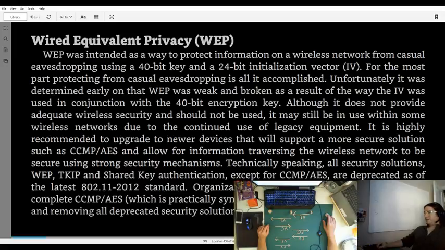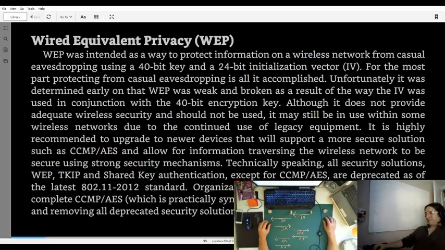It may still be in use with some wireless networks due to the continued use of legacy equipment. It is highly recommended to upgrade to newer devices that will support more secure solutions such as CCMP AES and allow information traversing the wireless network to be secure using strong security mechanisms.